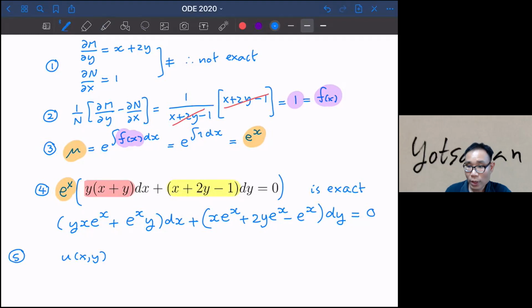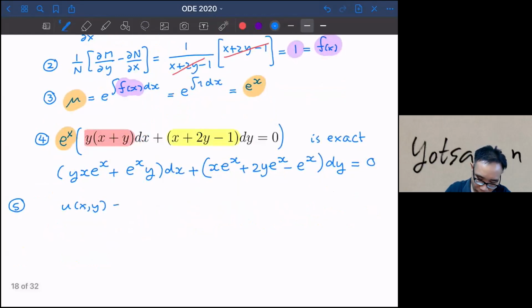For u(x, y) from this calculation, you're going to have to pick one to integrate. The one you may pick is this one because it's shorter. However, if you pick this one, let's just pick this first one to see the problem.